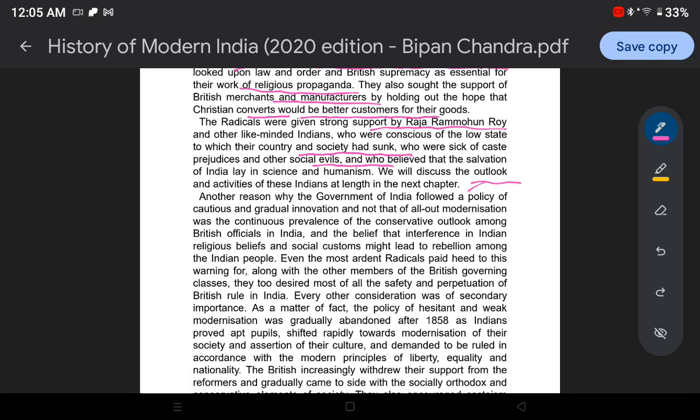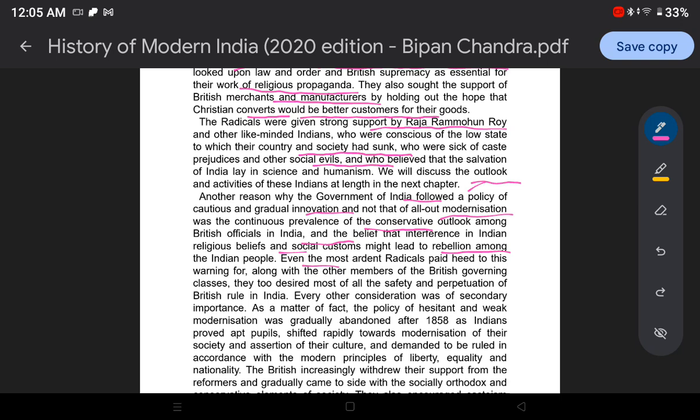Another reason why the government of India followed a policy of cautious and gradual innovation and not that of all-out modernization was the continuous prevalence of the conservative outlook among British officials in India, and the belief that interference in Indian religious beliefs and social customs might lead to rebellion among the Indian people.